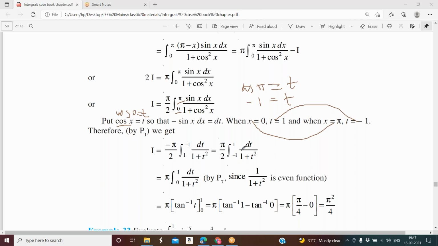Now again we are going to use a property. See the function 1 over 1 plus t square.